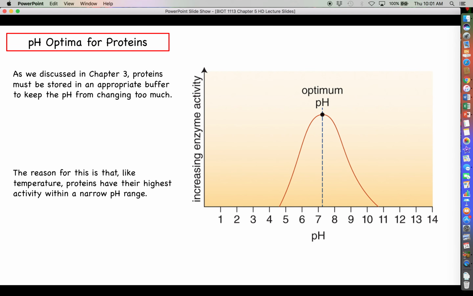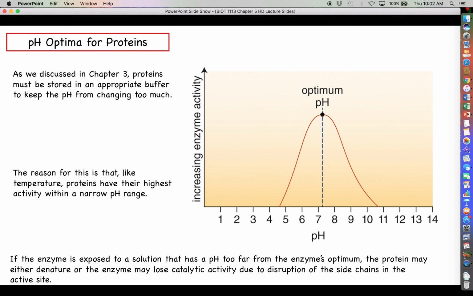In this graph, you see the pH optimum of this protein around 7.2. That makes sense because 7.2 to 7.4 is approximately the pH of human blood plasma. And we have a lot of enzymes that circulate throughout the blood, so it's definitely good to have those circulating at a pH that is most suited for their activity.